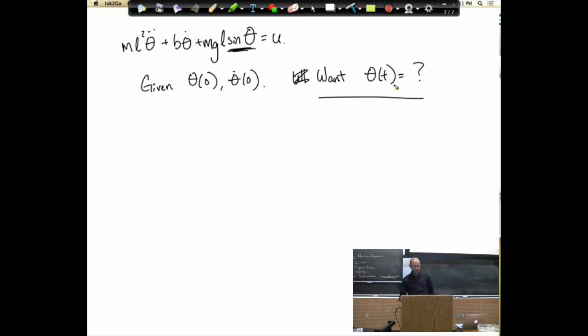You have to start using different tools, right? So for instance, if I take this system and I ask you what is theta at time infinity, what would you think is the obvious answer? Yeah, it's down at 0, right? Especially if b is greater than 0. If I've got some positive damping in the system, then eventually I'm going to run out of energy and stand still.